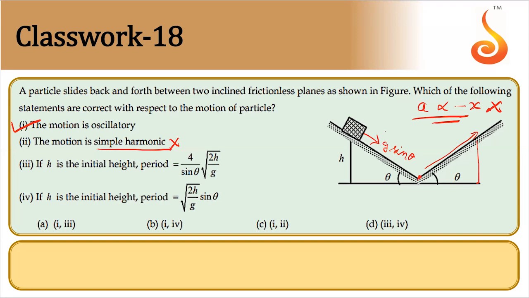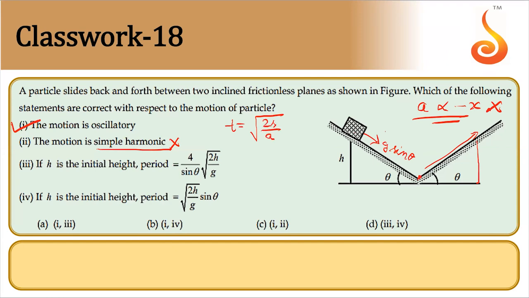Now, if h is the initial height, we have to calculate the time period. So the time taken to slide down with acceleration g sine theta. See, time taken should be equal to root of 2s by a, correct?